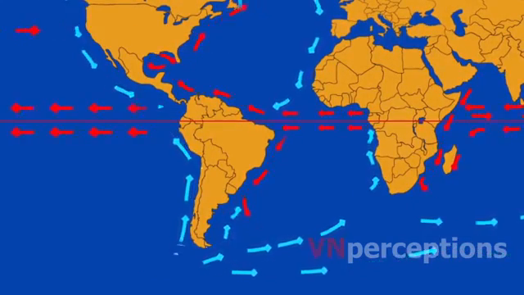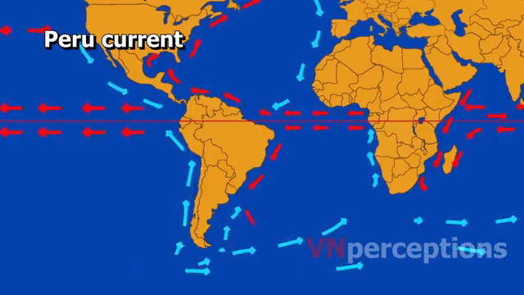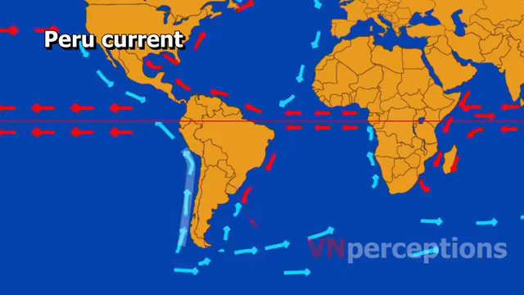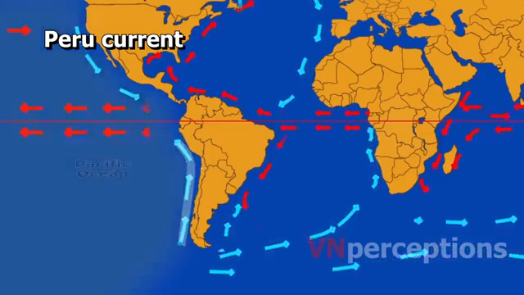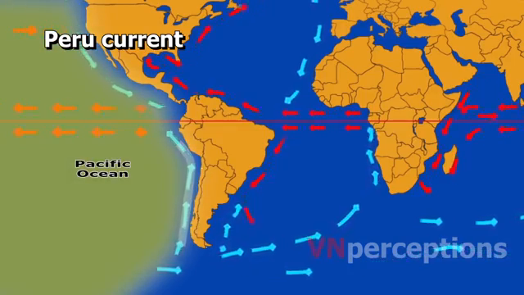Next one is the Peru current. The Peru current, also called the Humboldt current system, flows north along the western coast of South America. It is an eastern boundary current because it lies towards the east of the Pacific Ocean and flows in towards the equator.